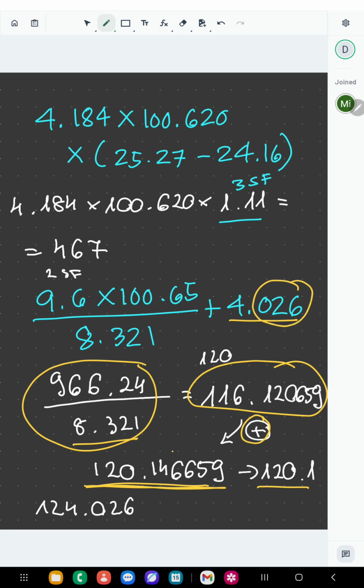So we should only leave 3 decimal places here. So it should be 120.147. Yeah, be careful not to mix them up. Okay, we're good. Okay, we're done with that.